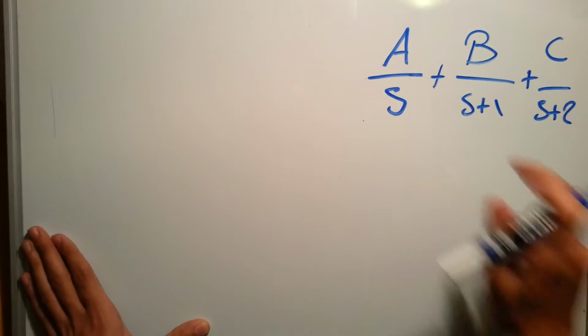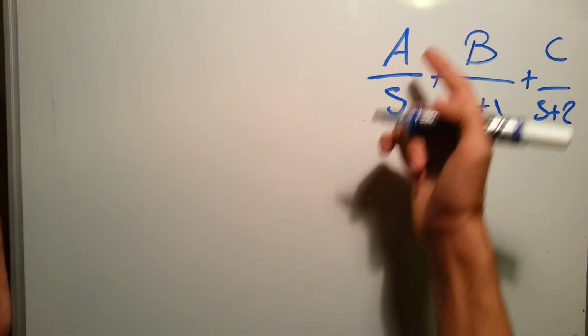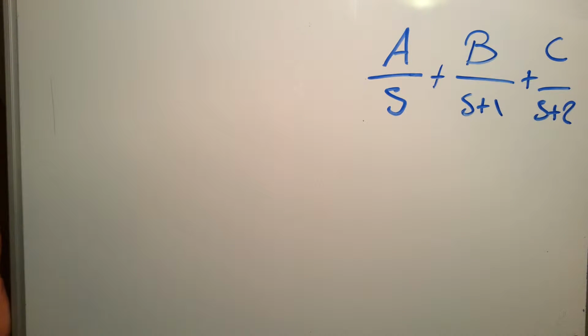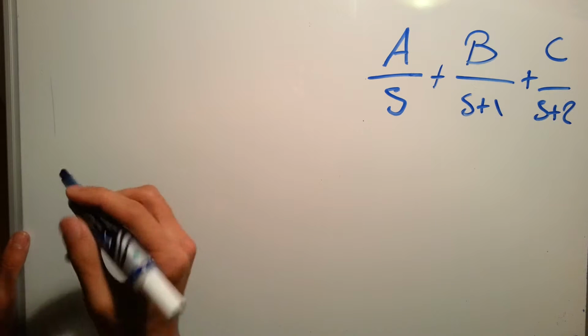Now we have this new fraction which is equal to the previous one. Now we have to calculate the values of A, B and C. And how to do that? It's very simple.